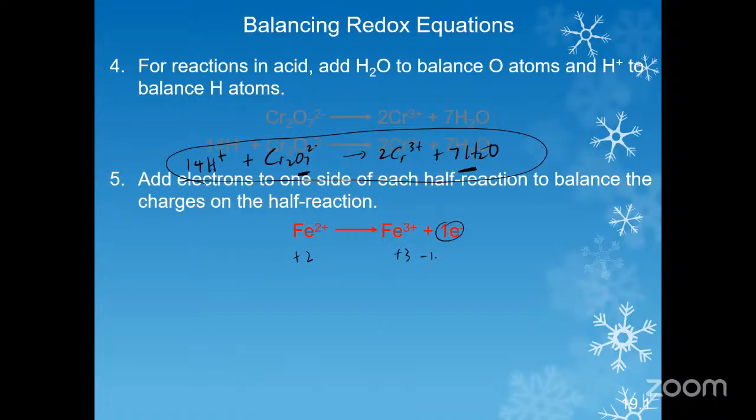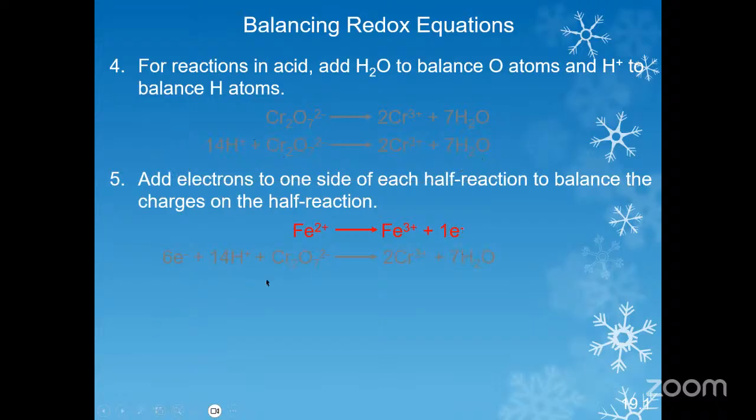The electron will subtract 1 charge from that side. So this gives you plus 2. So now we have plus 2 charges on either side, and therefore that particular half equation is balanced with respect to the charges. For the second half equation, let me clear this here.